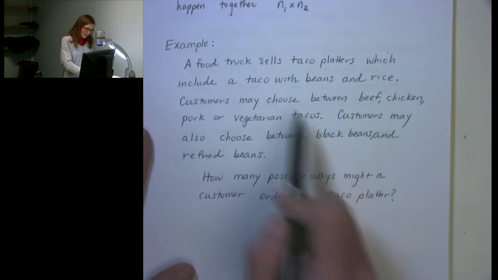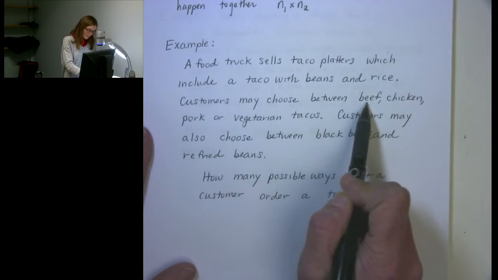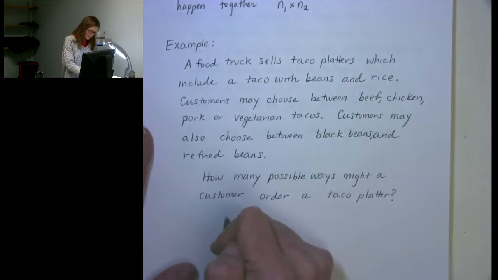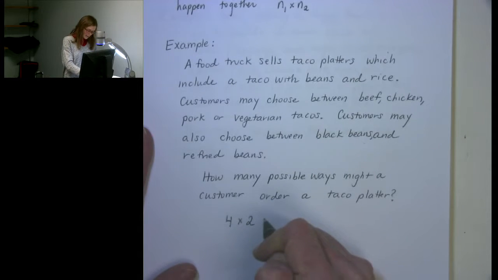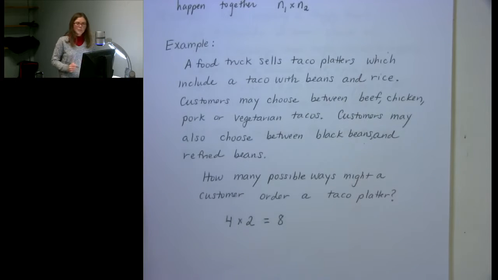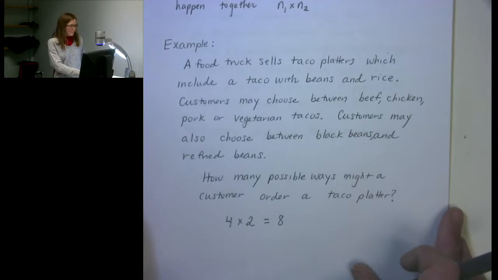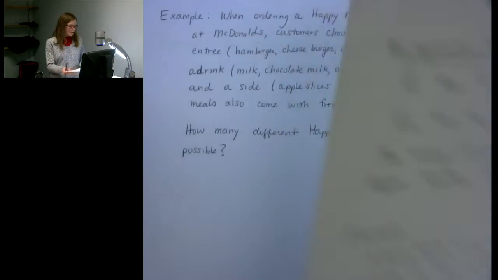Well, there are 1, 2, 3, 4 ways we could order a taco, times 2 ways they could choose beans, which gives 8 possible ways that a customer could order a taco platter. So that's the multiplication principle with just 2 events.